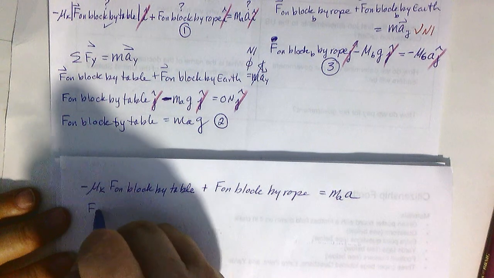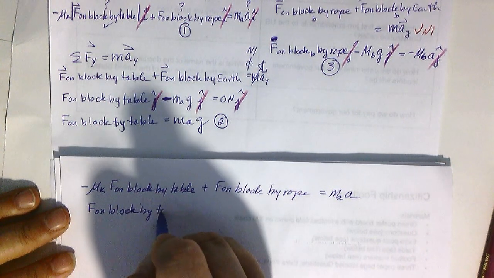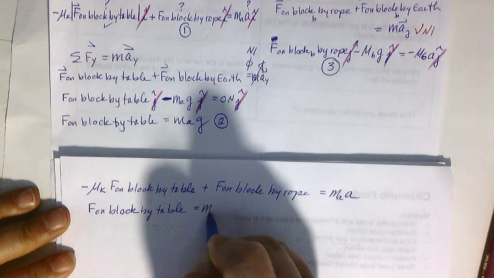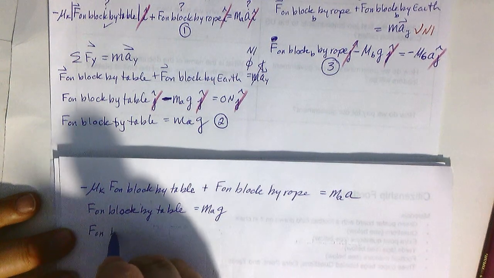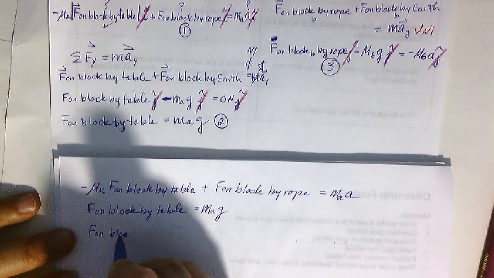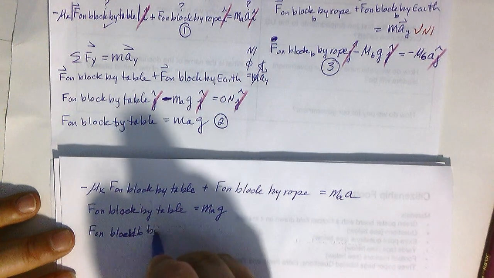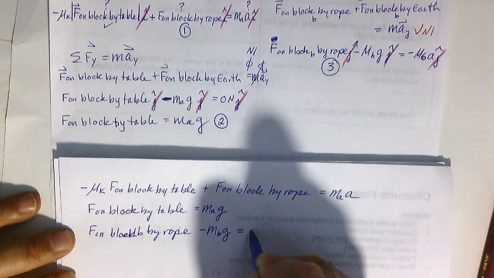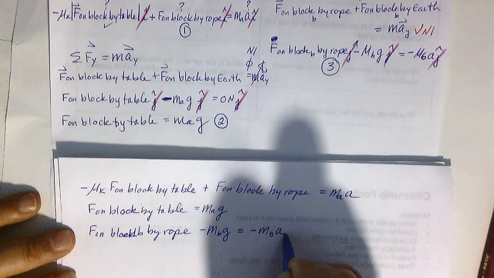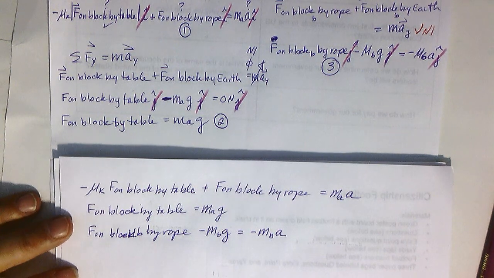I also have force on block by table is equal to m sub A g. I also have force on block B by rope minus m sub B g is equal to minus m sub B a. In the next video, I'll solve for these three, for the three unknowns.